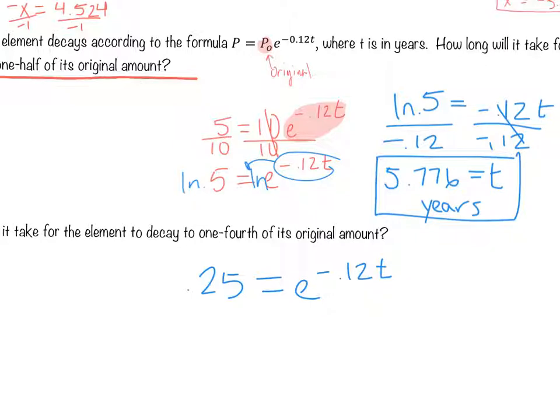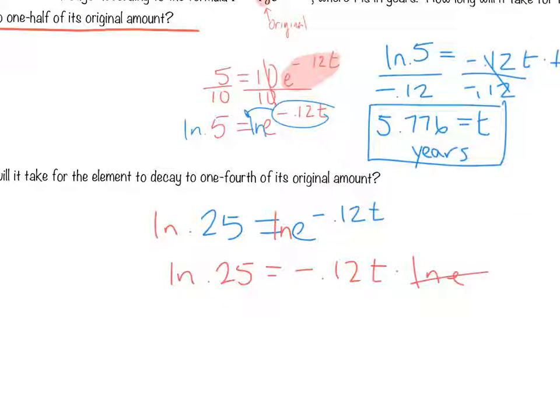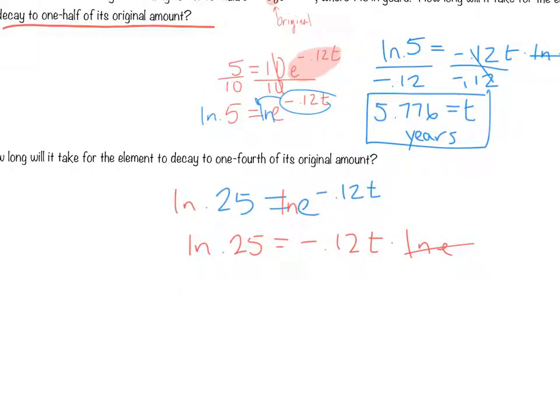It doesn't matter. All we need to do is take the natural log of both sides. I'm left with the natural log of 0.25 equals negative 0.12 t times the natural log of e, which will cancel out. Then to solve for t, I just divide by negative 0.12 again.